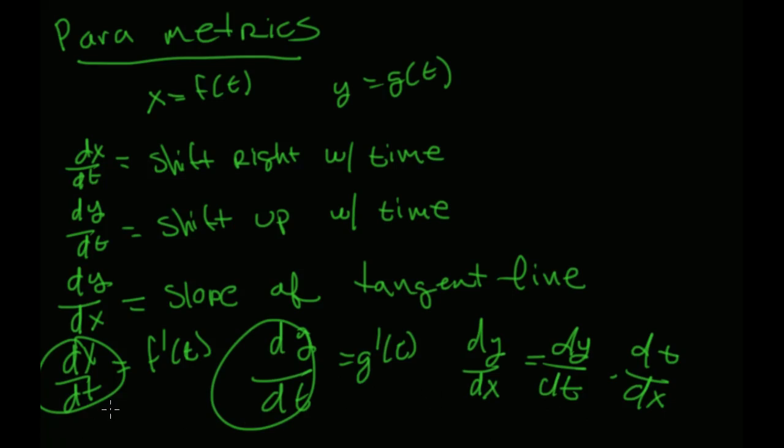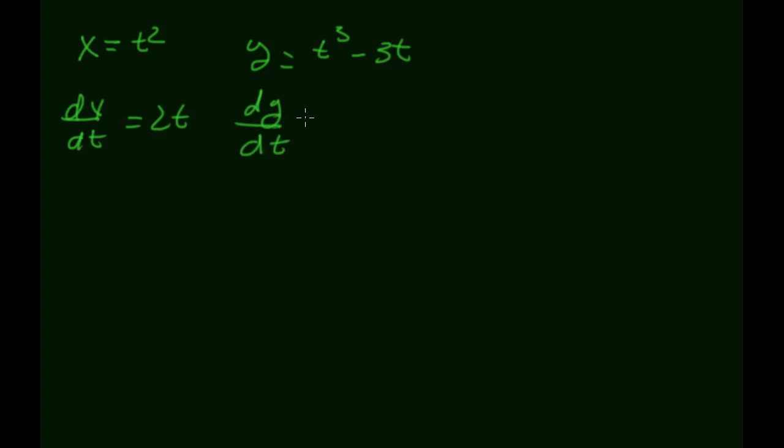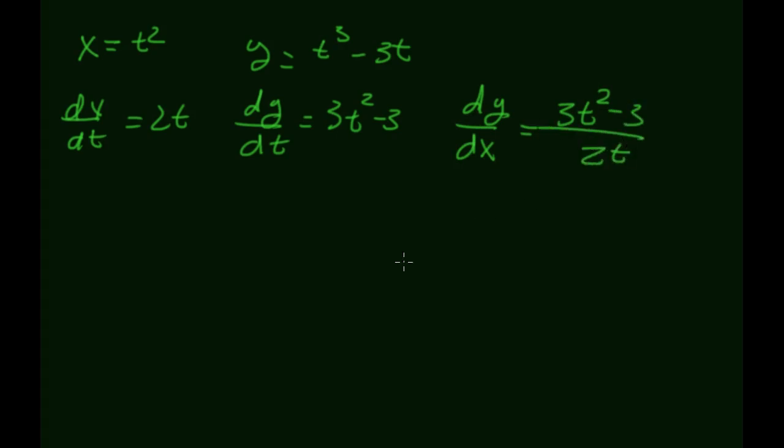All right, so let's look at this in a practical example. Let x be t squared, let y be t cubed minus 3t. So dx/dt is 2t, dy/dt is 3t squared minus 3, which means dy/dx is going to be 3t squared minus 3 over 2t. See? Pretty painless, right?